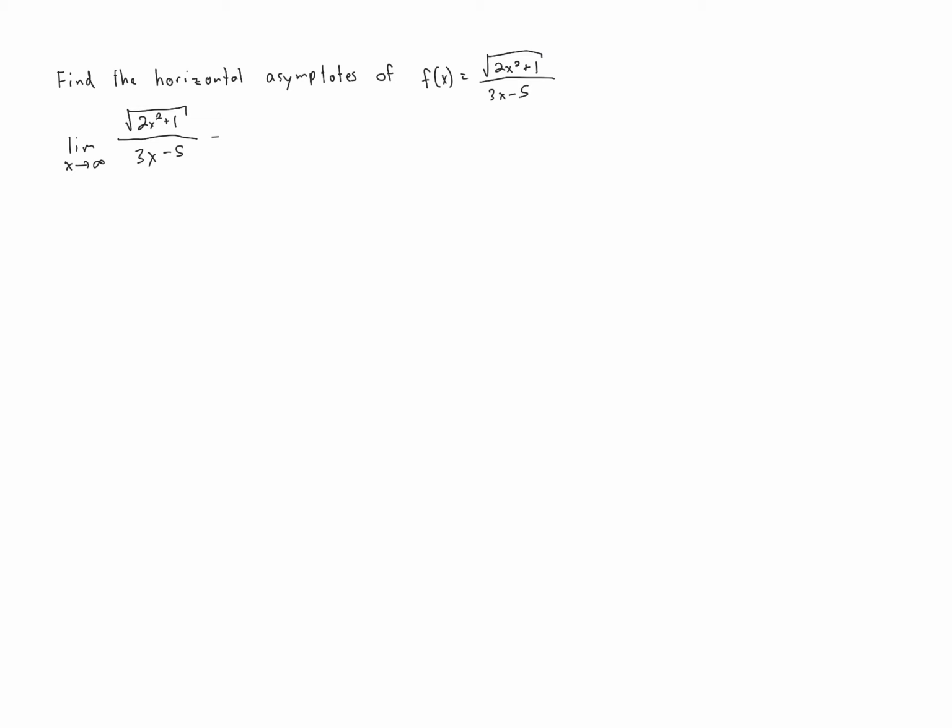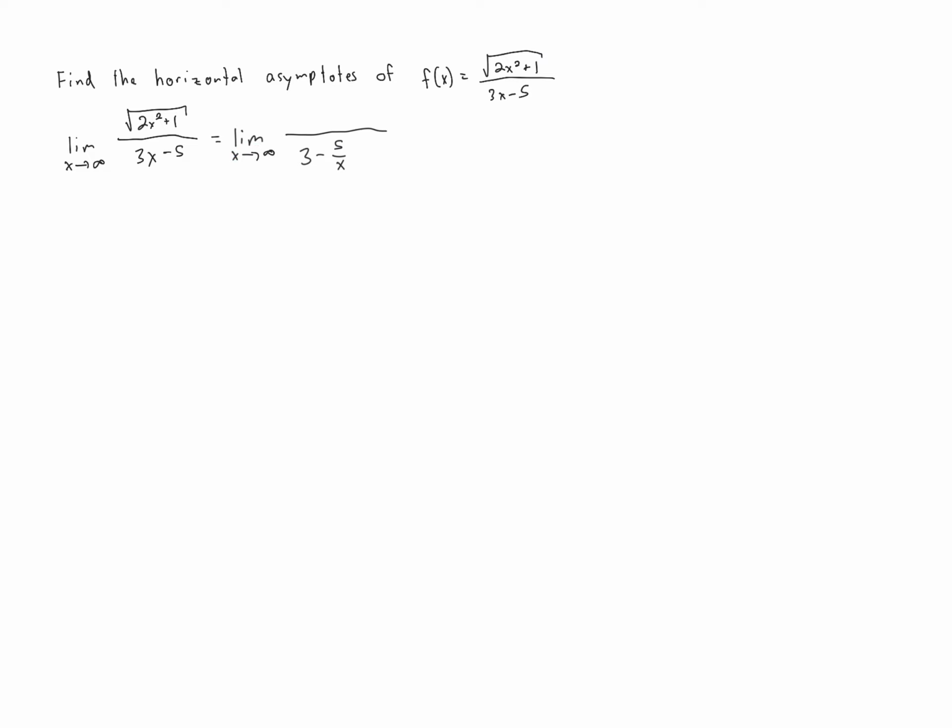Now we know we want to divide the top and bottom of this by x. The bottom is a little bit easier. If we divide that by x, that's going to give us 3 minus 5 over x. In the numerator, if we divide this by x, that's the same as dividing the radicand by x squared, because x is the same as the square root of x squared when we've got x approaching infinity.